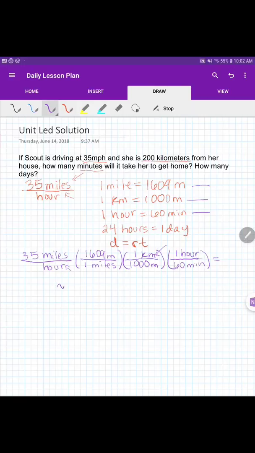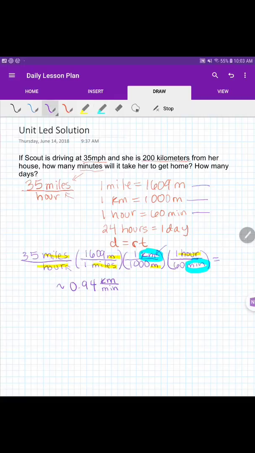So this turns out to be about 0.94 kilometers per minute. And you can see here, miles and miles cancel out, meters and meters cancel out, and hours cancel out. So what we're left with is kilometers per minute.